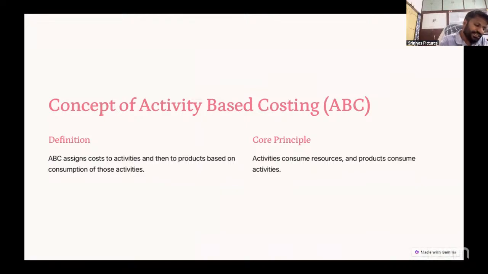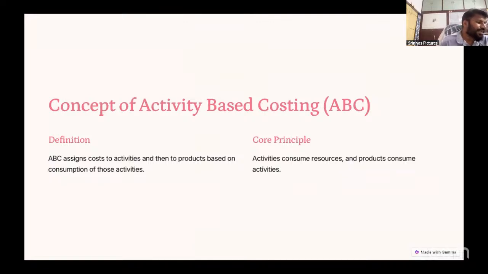ABC refines the cost system by focusing on individual activities as the fundamental cost objects. An activity is an event, task, or unit of work with a specific purpose, for example, designing products, setting up machines, operating machines. So ABC calculates the cost of individual activities.